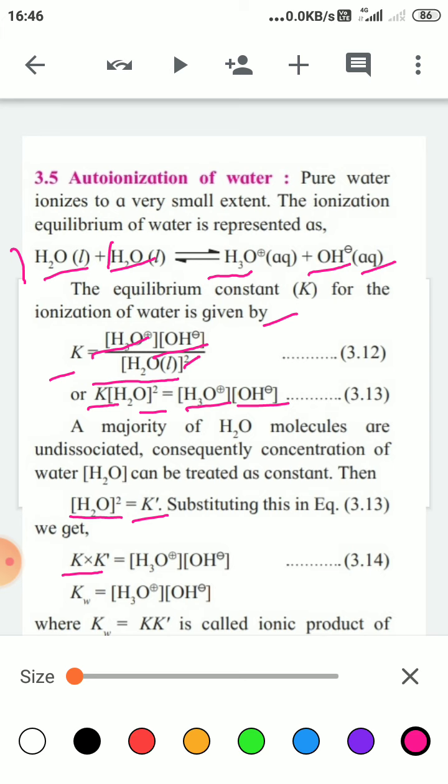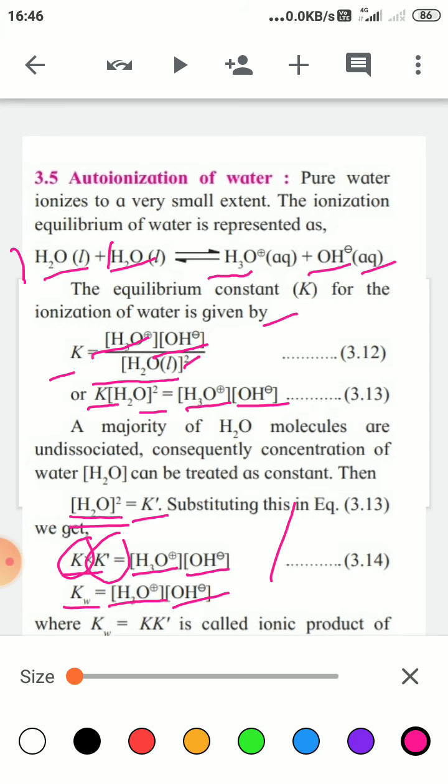Previously we have taken K as an equilibrium constant, and K dash is a constant for the concentration of water molecule. Therefore the equation will become K into K dash is equal to concentration of H3O plus into concentration of OH minus, and therefore Kw, that means the equilibrium constant of water molecule, is equal to concentration of H3O plus and concentration of OH minus.